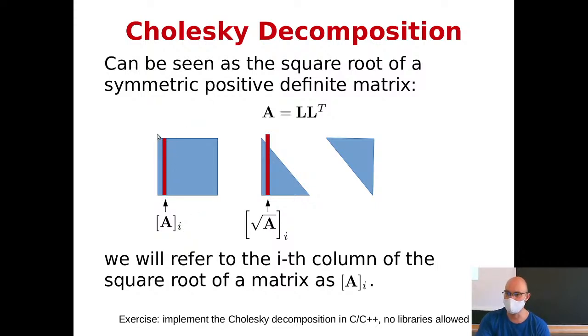So this will be A with 0, A with 1, A with 2, A with 3. So with A with i, I just denote the ith column of a matrix. Then if I compute the Cholesky decomposition of A, I obtain the square root of A, and I can similarly talk about the ith column vector of this decomposition. Okay?